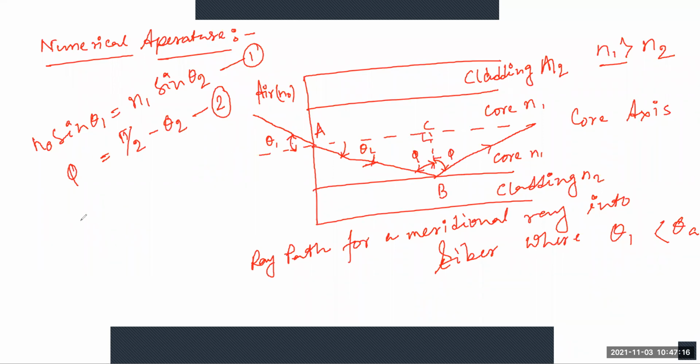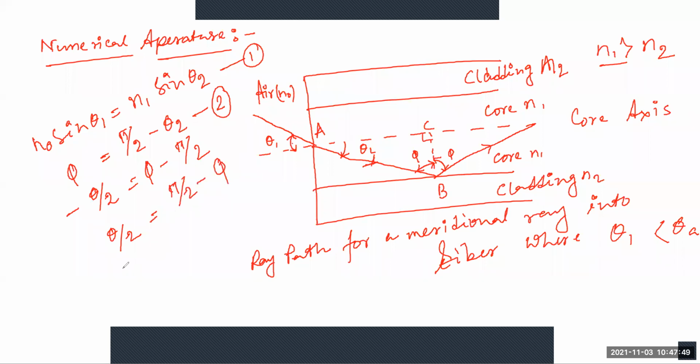Arranging equation number 2, theta 2 equals pi by 2 minus phi.